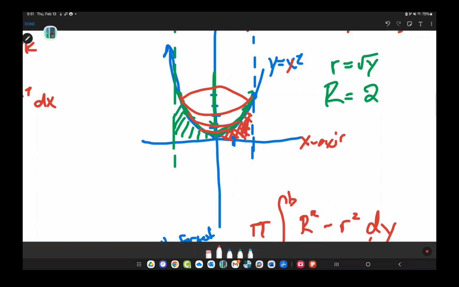So the cylinder volume would just be 2 squared times pi times the width here, minus the volume of that rotating parabola. I was just confused. Again, it's really difficult to put a 3D object on a 2D plane.